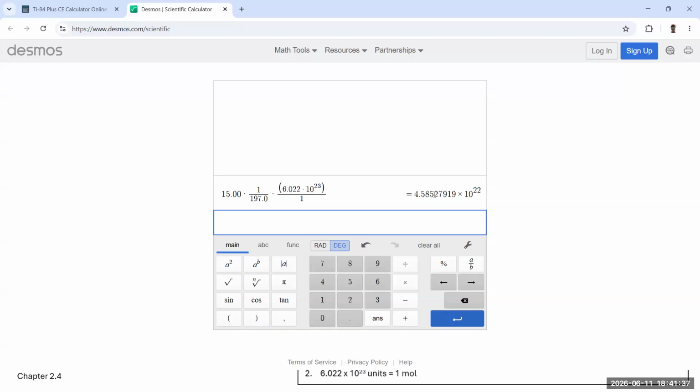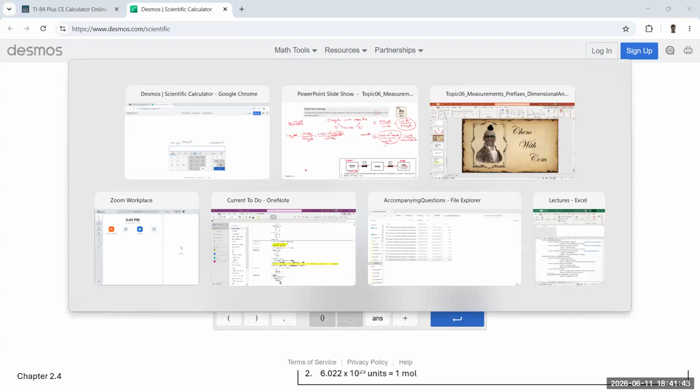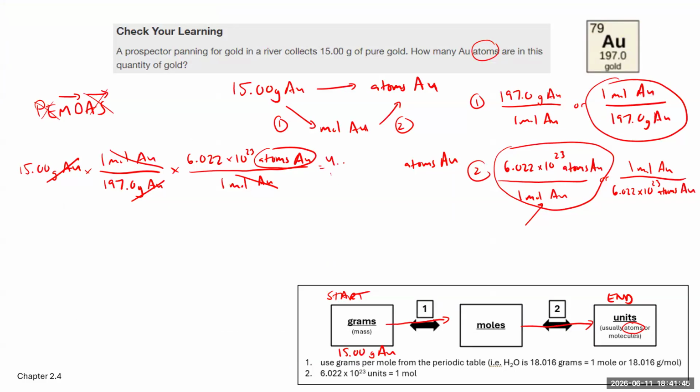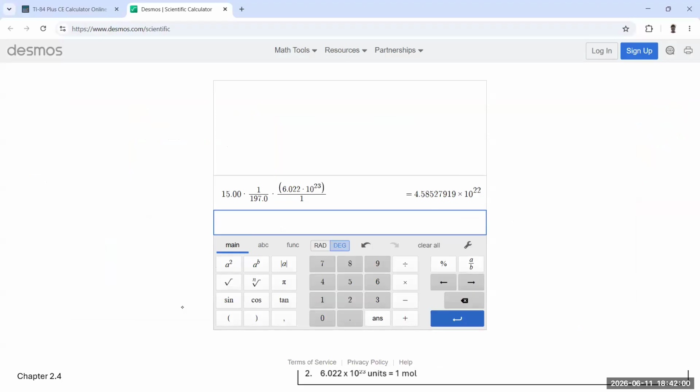So that's going to be 4.585279 times 10 to the 23rd. Oh, sorry, 10 to the 22nd.